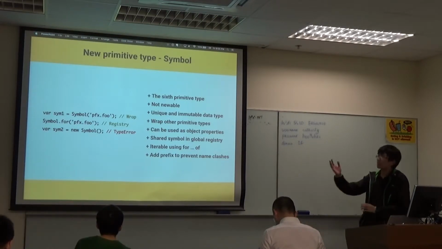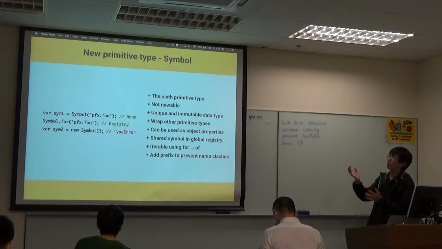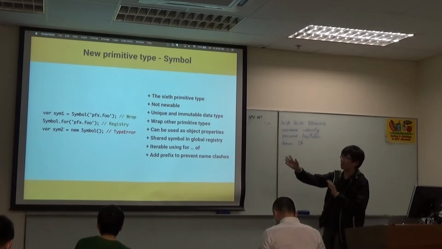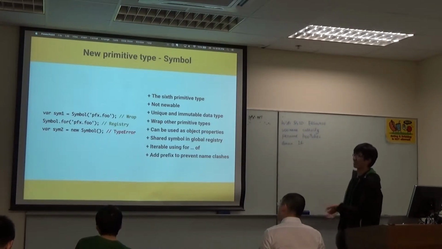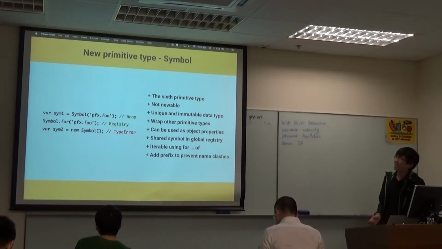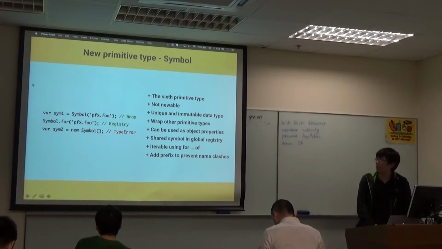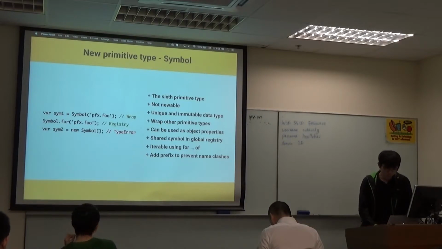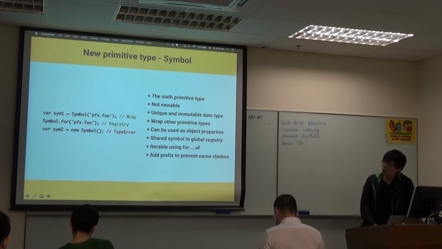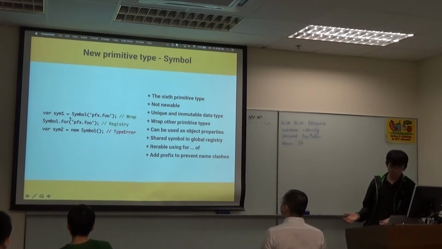So there are 2 methods to create a symbol. But remember, please don't use new Symbol. The first one is simple: just wrap a string or object, array, any kind of primitive type. The second is using Symbol.for to register a new symbol.